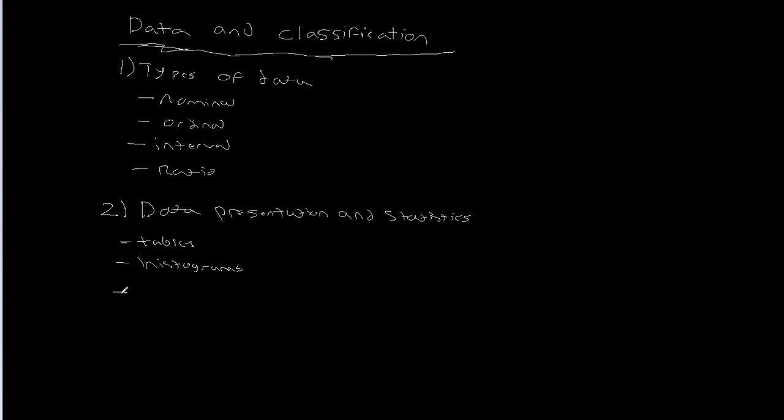And then we're going to look at how we can examine data from a statistics point of view by talking about things like central tendency and dispersion. Central tendency is going to be talking about things like mean and median, and dispersion is going to be talking about things like standard deviation and interquartile range, as some examples.